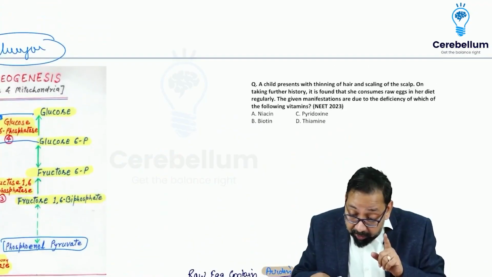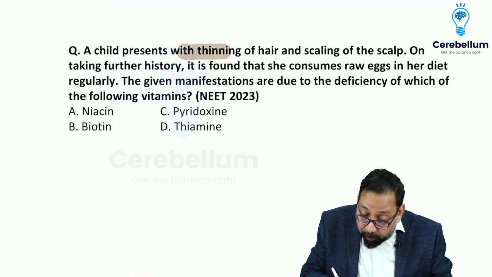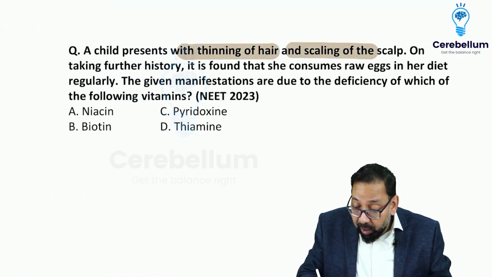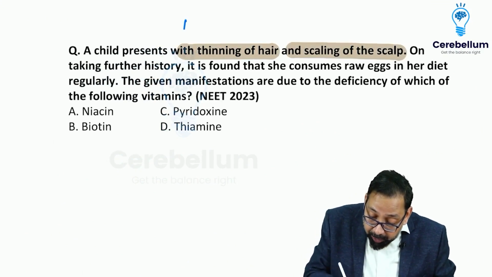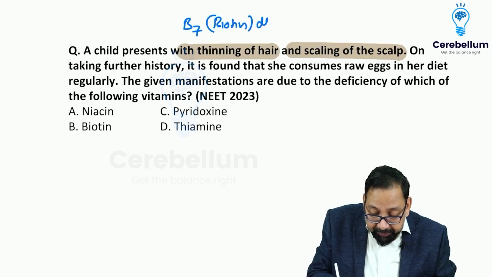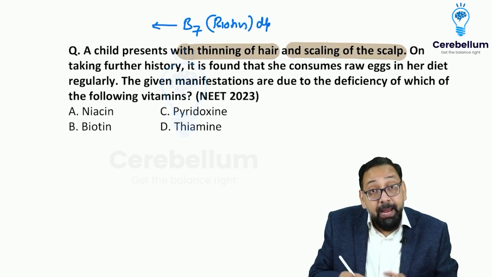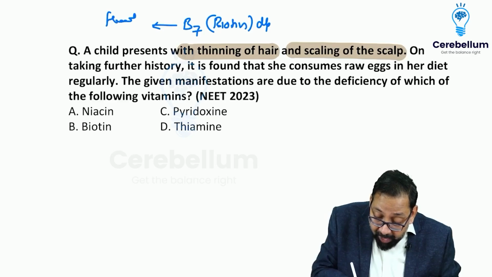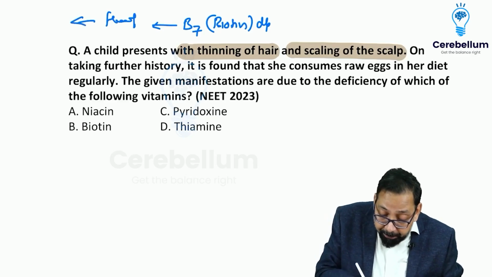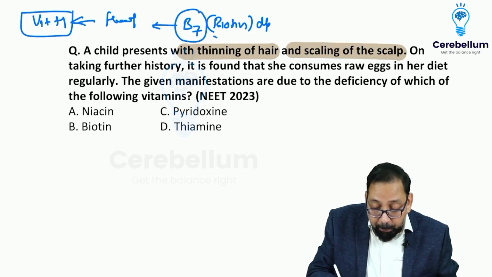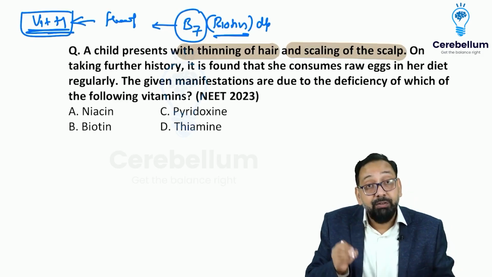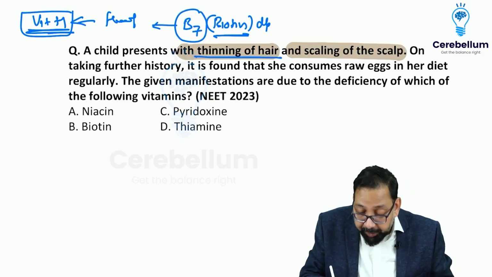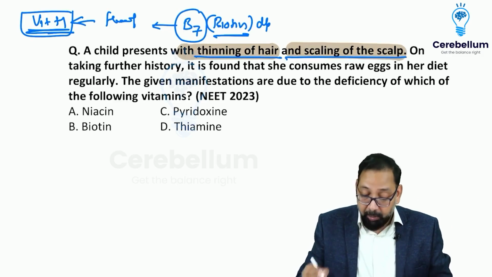So a question is asked: a child presents with thinning of hair and scaling of the scalp. These are symptoms of B7, that is, biotin deficiency. B7: 7 as heaven, and that's why it is called vitamin H. So vitamin B7, biotin, or vitamin H deficiency leads to thinning of hair and scaling of the scalp.